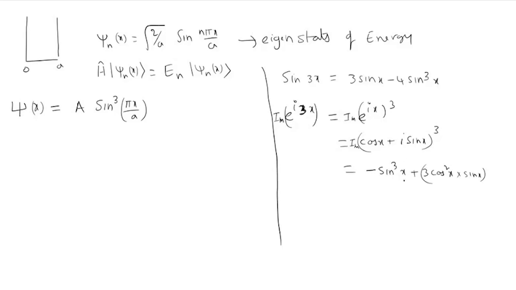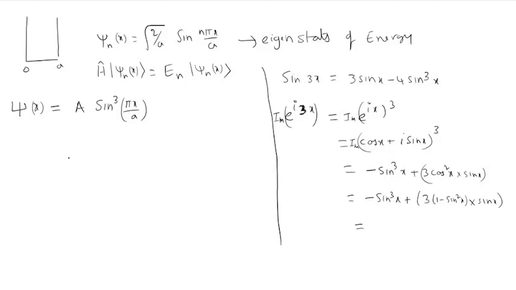That's very easy. And then you can write cos square as 1 minus sin square x: minus sin cube x plus 3 times (1 minus sin square x) times sin x. That's it. This gives you your formula.